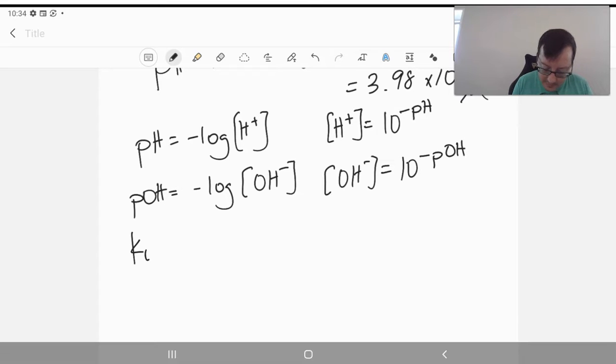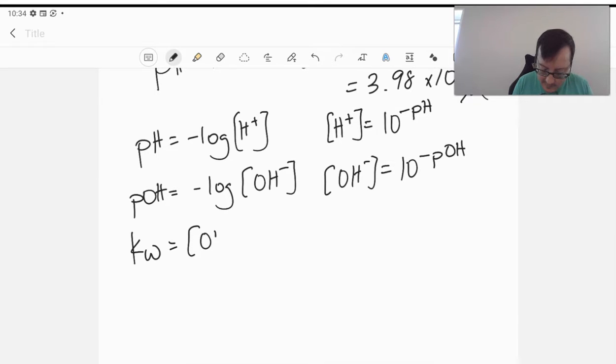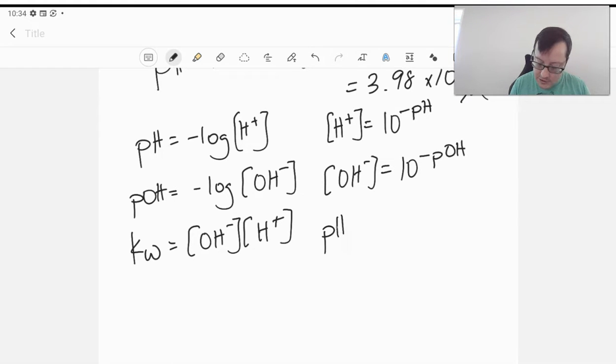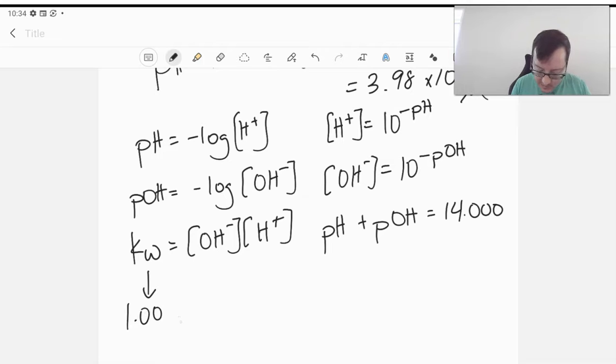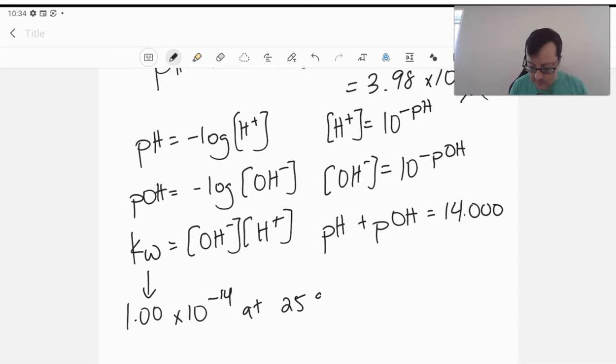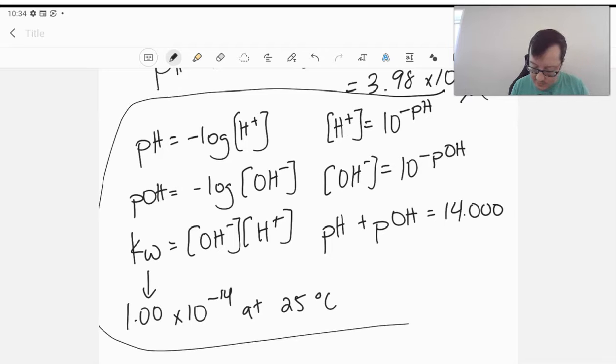We have Kw equals OH times H plus. And finally, we have pH plus pOH equals 14. So, and don't forget Kw is 1.0 times 10 to the negative 14 at 25 degrees Celsius. Pretty much all of these we're going to do at 25 because I don't want to mess with this constant for us. So these are the equations for kind of this section here.